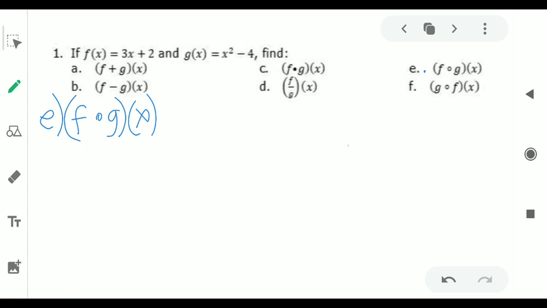Now, I want to compare the difference between these two. Okay, so let's start off with f circle g of x.